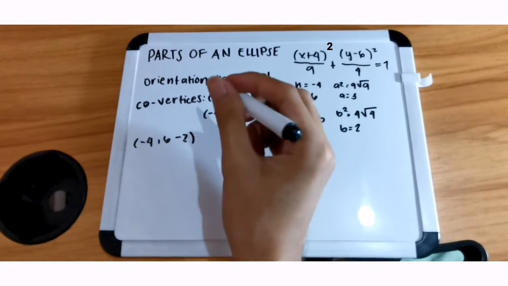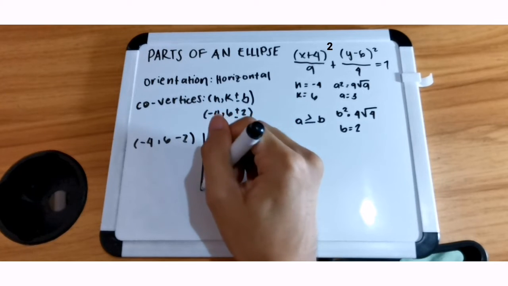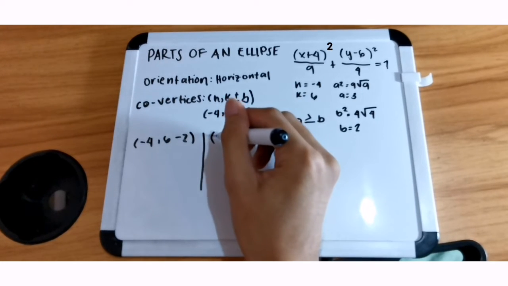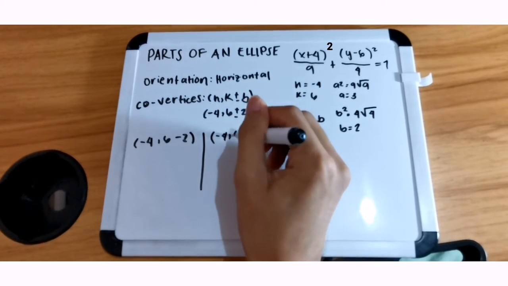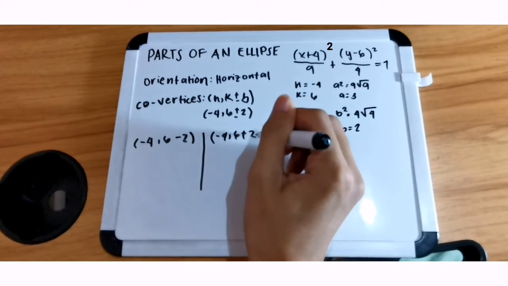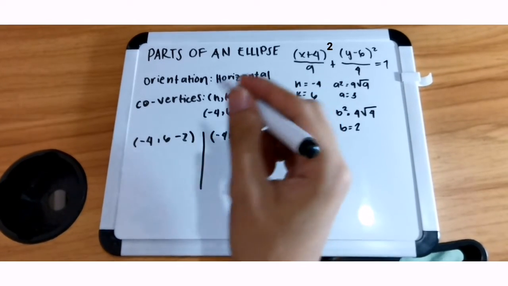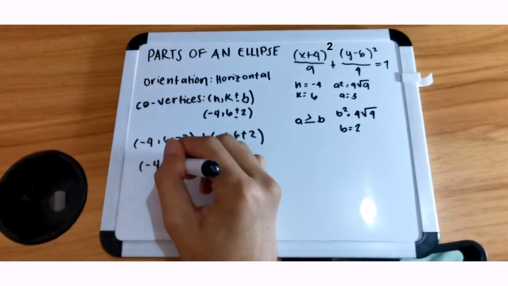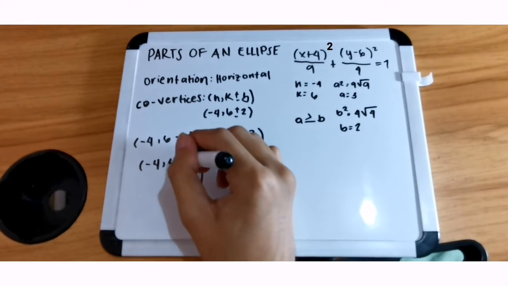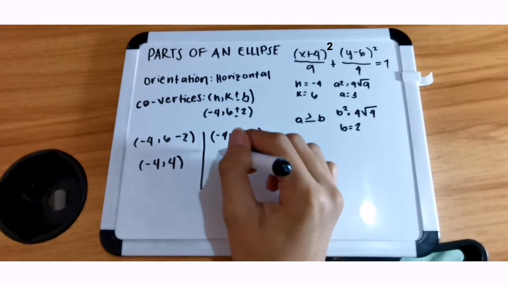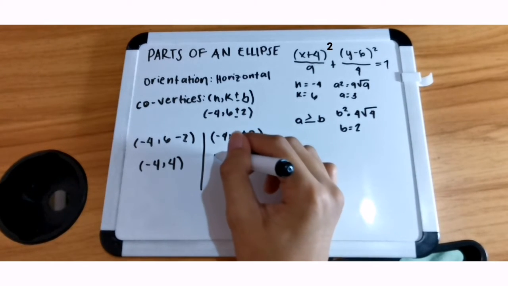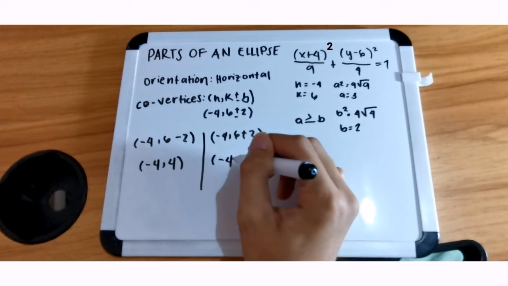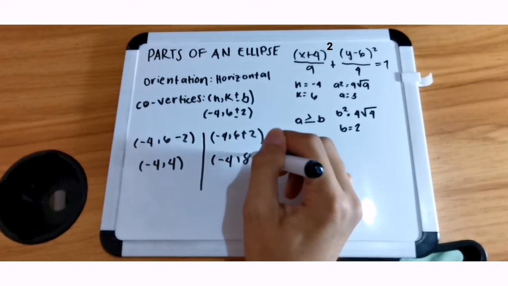So first thing to do, separate the positive and negative and its value. Okay, so let's get the answer. So bring down the negative 4 and then comma, and then 6 minus 2 is equal to 4. And then copy the negative 4 and comma, and then 6 plus 2 is equal to 8.